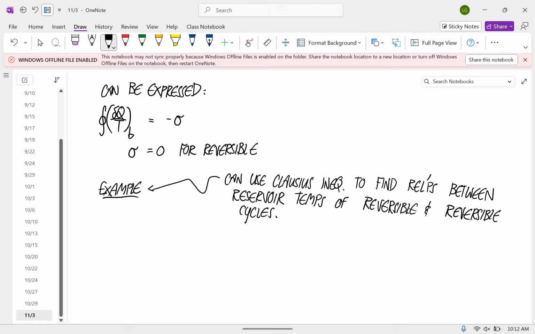Say that in a refrigeration cycle, the hot reservoir is the room, because it's rejecting heat from the coils in the back of the refrigerator to the room.